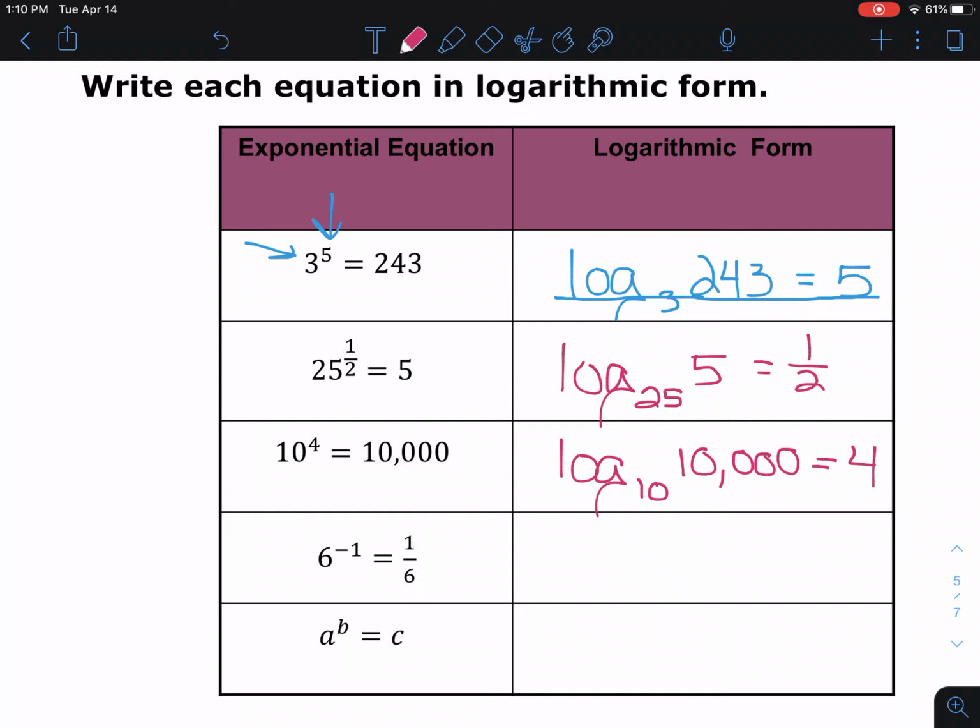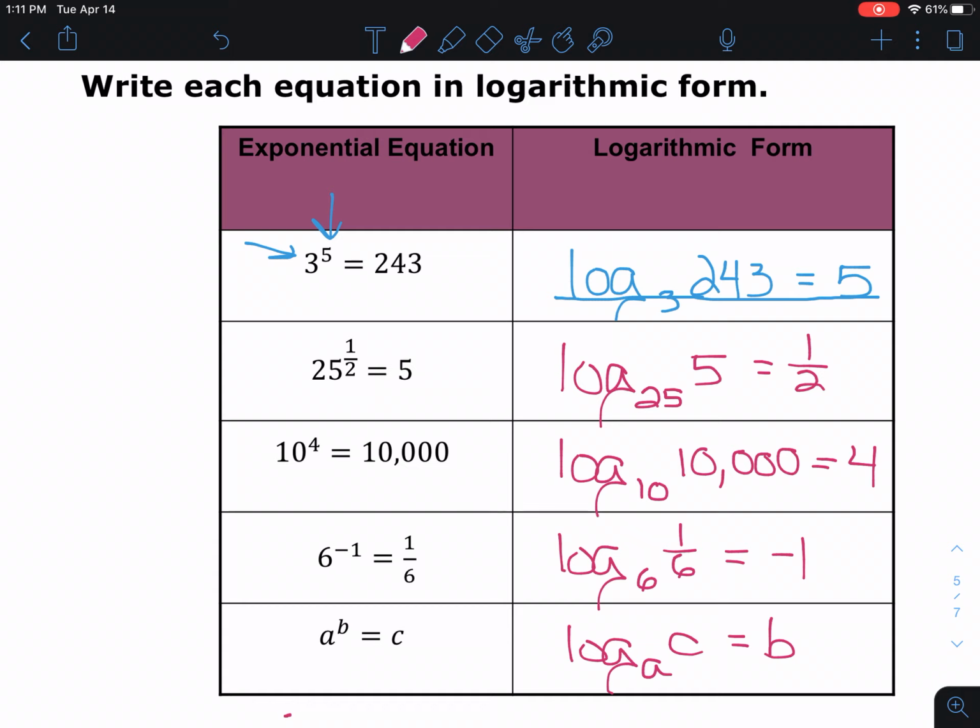Here's a negative that I was talking about. So log base 6 of 1/6 equals -1. And then we just have some letters here, but the process is the same, so this would be log base A of C equals B. So just be careful when you're writing. Make sure your base is a little bit lower and smaller.